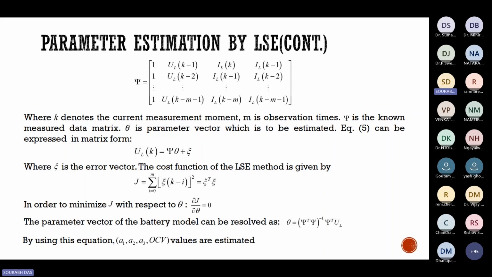Epsilon is the error vector, and we want to minimize this error vector. So the cost function of the least square estimation method is given by J equal to epsilon transpose into epsilon.